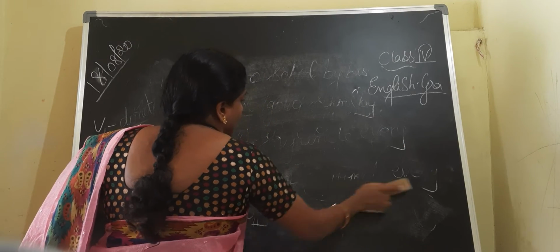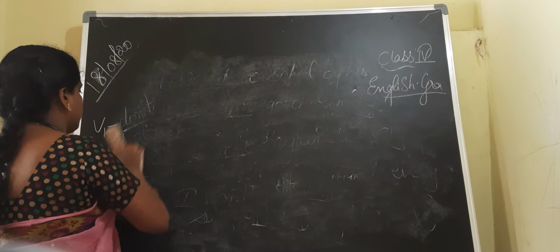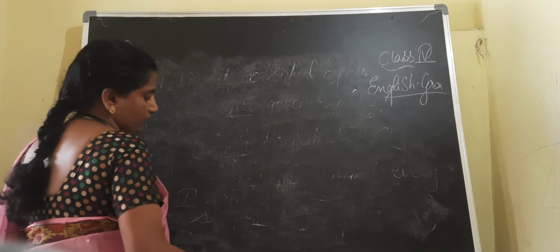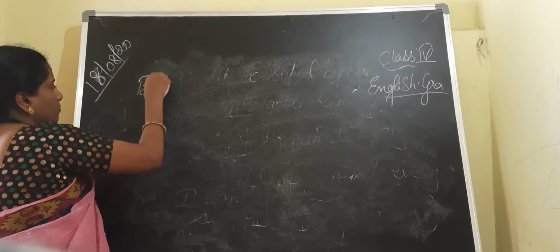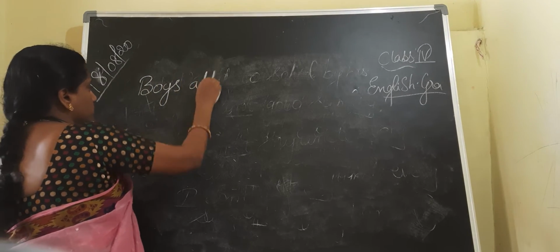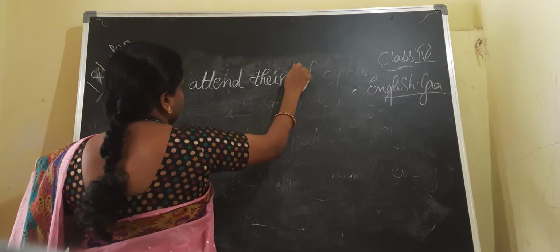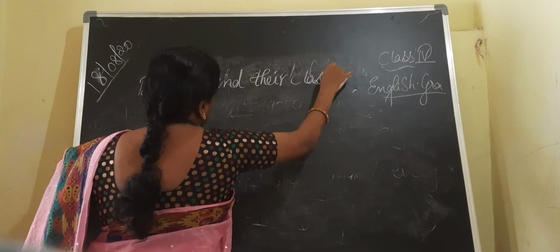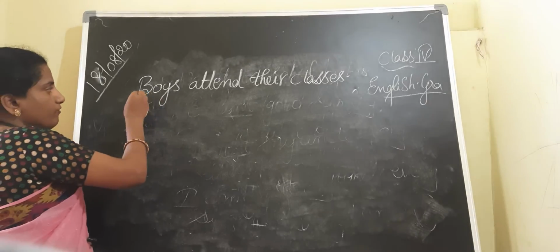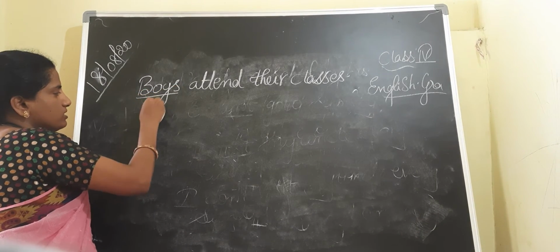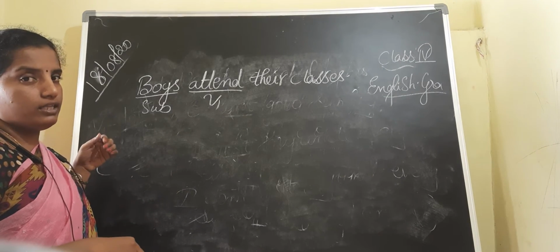When we are using V1, if you observe, children, when the subject is plural, we have to add V1. Now see our next example, children. Boys attend their classes in time. Here, boys is the subject, attend is V1. So again we have V1 in the statement.